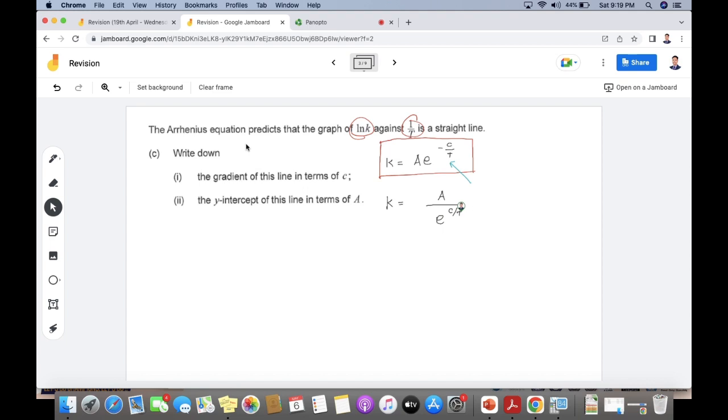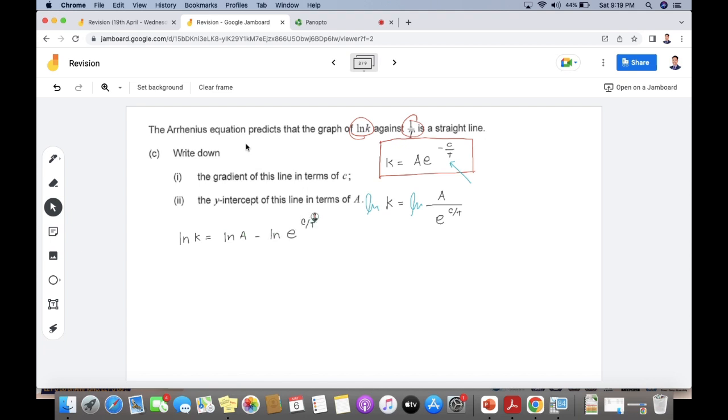So from here, we can now introduce our ln on both sides. Thus, we now have ln of k is equal to, applying the quotient law, ln of A minus ln of e raised to the power of C over T.